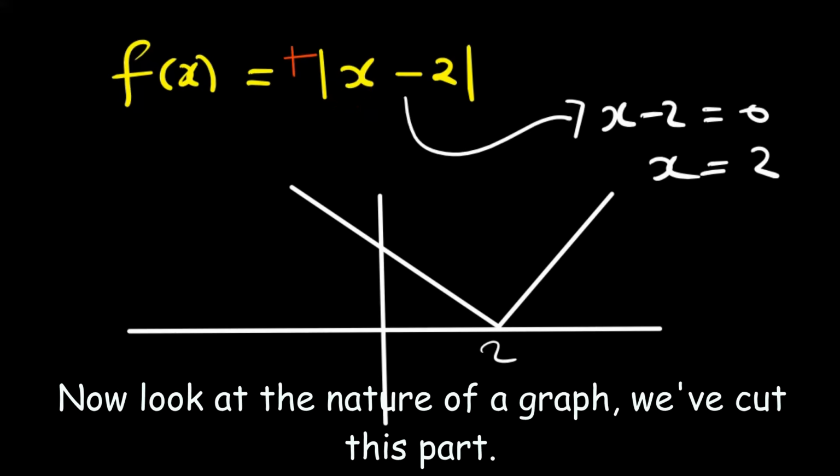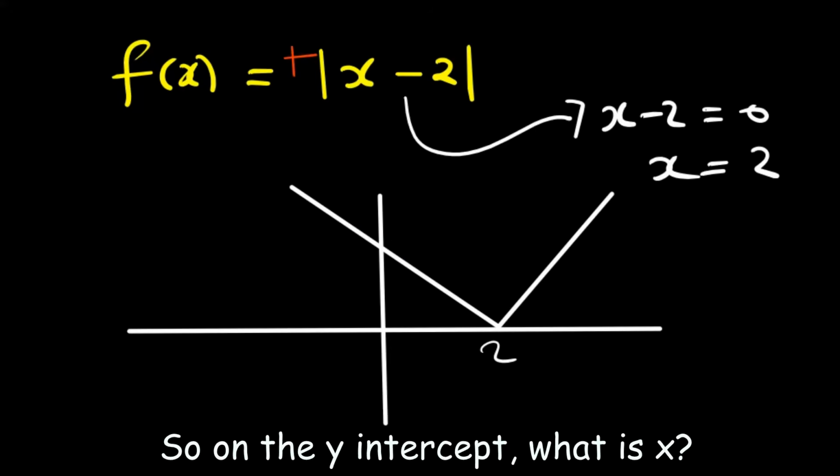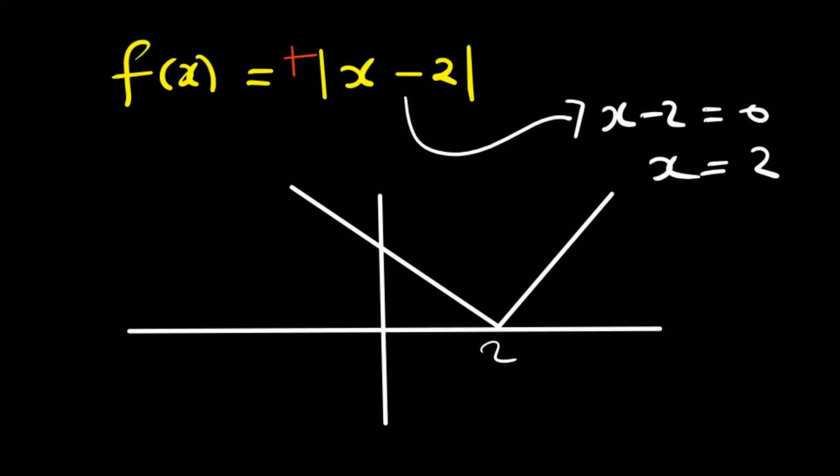Now look at the nature of our graph. We've cut this part, so because we've cut that part, we have to find the y-intercept. So on the y-intercept, what is x? On the y-intercept, x is equal to 0. So I'm going to get the whole function and replace wherever there's x, I'm going to put 0. So f of 0 will be equal to the modulus of 0 minus 2.